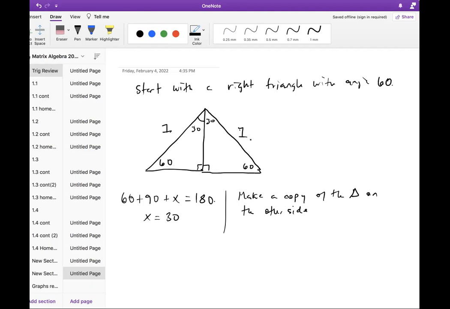If I look at the big triangle as a whole, where I ignore that middle part, then I actually get the equilateral triangle that we had in the beginning. So this is length 1, this is length 1, and this whole thing is length 1.